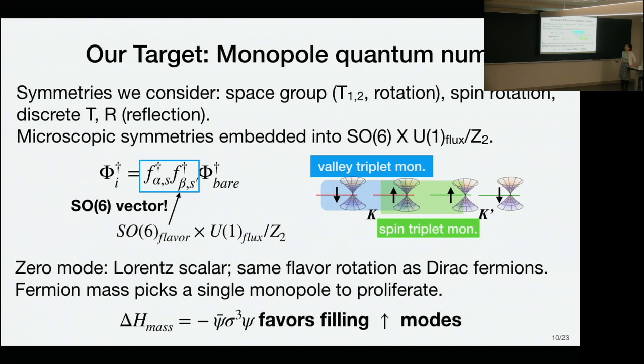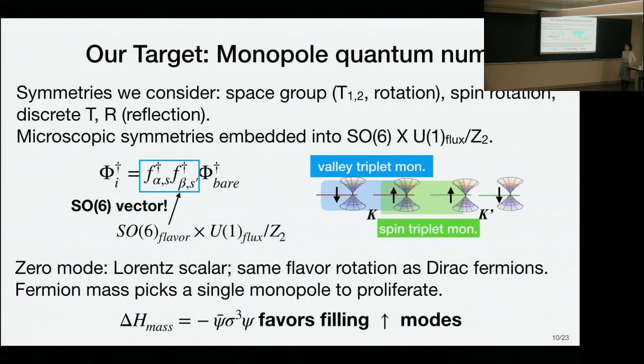Before we proceed, to know which fermion mass picks which monopole, there is a simple statement, because one fermion mass will split the degeneracy of the four zero modes, namely making a certain monopole energetically favorable. For example, if we generate a quantum spin Hall mass, say along the third direction, the z direction, then the two fermion modes with spin up are lowered in energy.